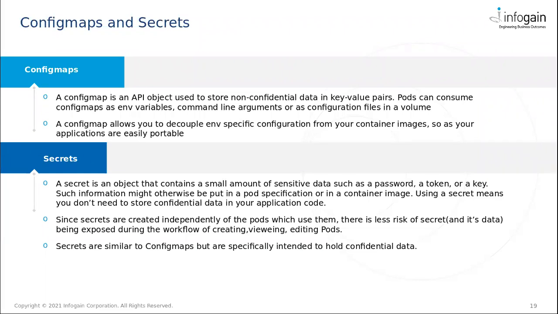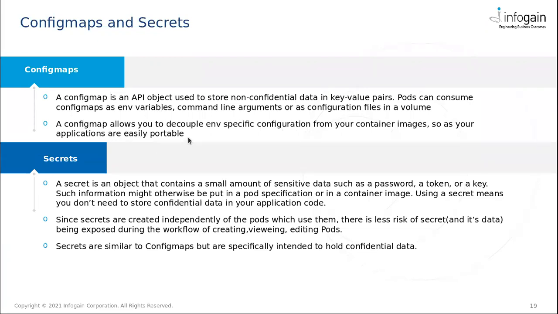This is an advanced topic, like if you want to inject a certificate as a config map. That is an advanced topic. As of now, we are just concerned about environment variables. Then a config map allows you to decouple environment-specific configuration from your container images, so your applications are easily portable. If you have one file in which you're maintaining all the key value pairs, you can do this portable part very easily.